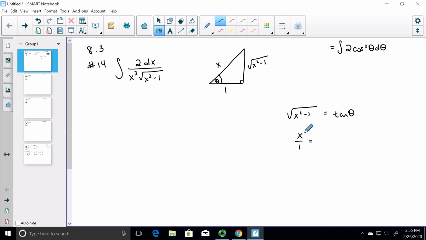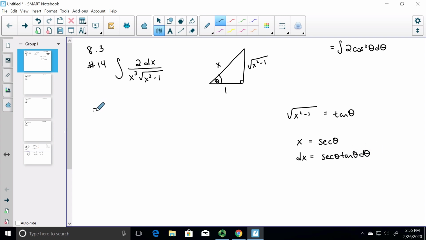You always want the variable in the top. So you're pairing it with the constant, but you always want the variable in the top. So x over 1 is hypotenuse over adjacent, which is secant. So again, I don't really need the over 1. And then the only other thing I need is this dx. So once I find x, dx, of course, is just the derivative.